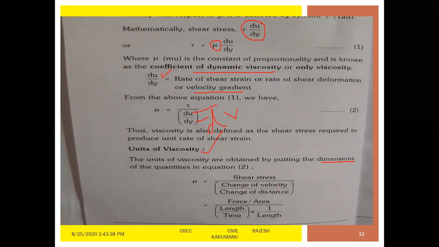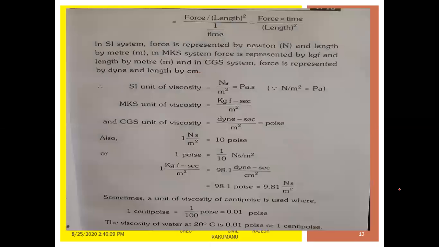Next, change in velocity అంటే ఏంటి? Change in velocity is equals to length by time, by change in the distance. Change in the distance అంటే length, that is 1 by length. దీనికి డినామినేషన్ న్యూమరేటర్ పైకి తీసుకున్నప్పుడు change in the velocity is equals to length by time into 1 by length. Then దీన్ని సబ్స్టిట్యూట్ చేస్తే ఏమొస్తుంది?